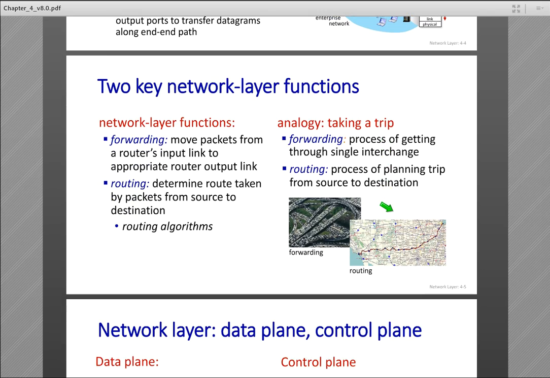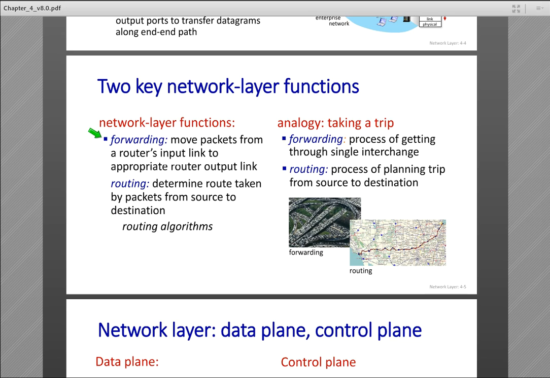As we said in chapter 1, the network layer has two basic functions. One of them is routing, finding a path from the source to the destination, so we need routing algorithms.